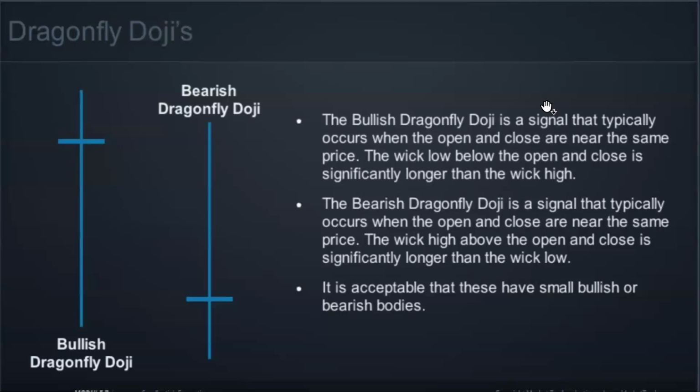This is a decision candlestick, right? Now the reason why you have this doji like this is because of what this dragonfly doji suggests.